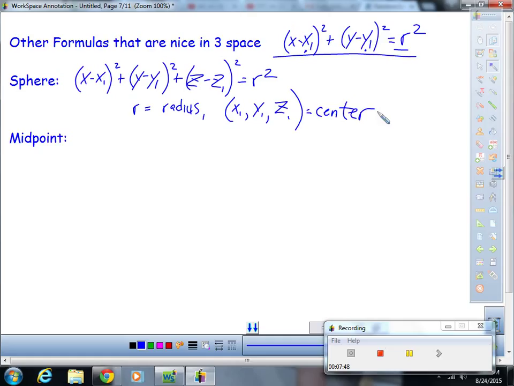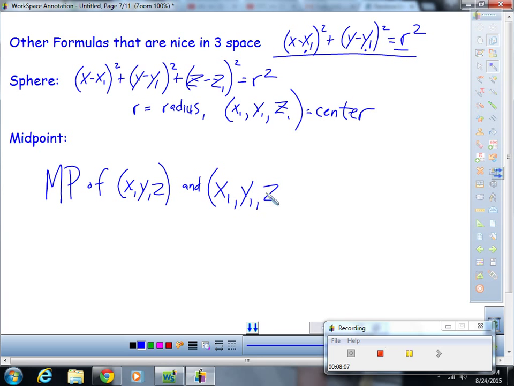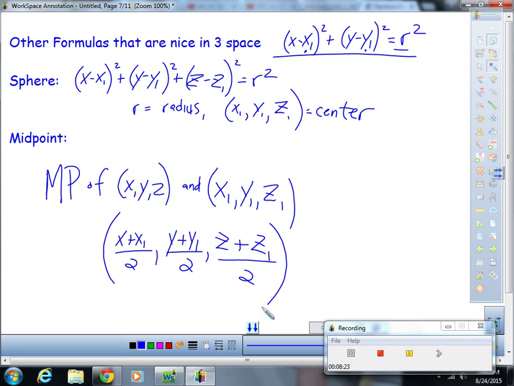And finally, the midpoint formula. I hope you can get this one. The midpoint of 2 points, x comma y comma z, and x1 comma y1 comma z1 is the average of the 2 coordinates.